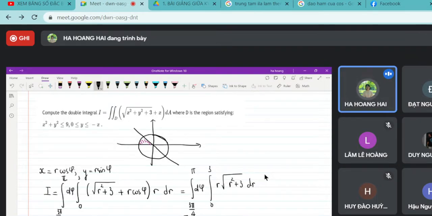They are in separate form, so we can write cosine phi here multiplied with the integral from 0 to 3 of r squared dr. We can rewrite the integral on the left side by the sum of two integrals on the right side.